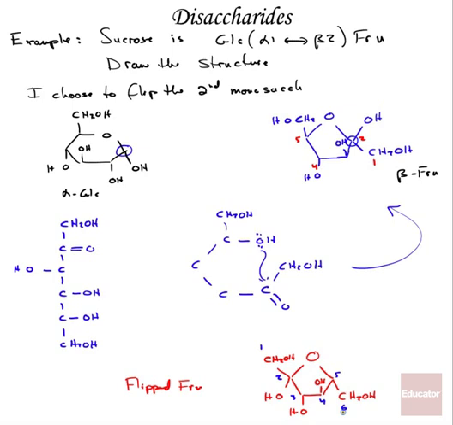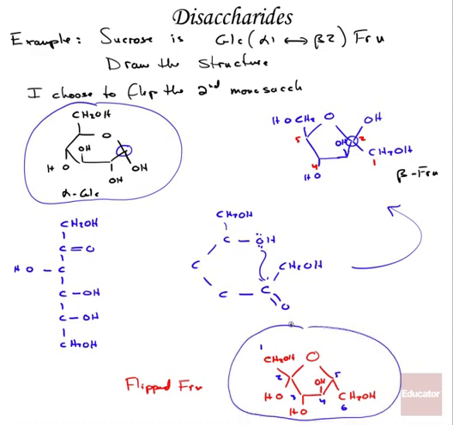So now I'm going to connect. This is our first sugar. This is our flipped fructose. I'm going to connect that carbon with this carbon, the number 2 carbon. And in case, so you notice this hydroxy is down, and over here, this hydroxy is down below the ring.